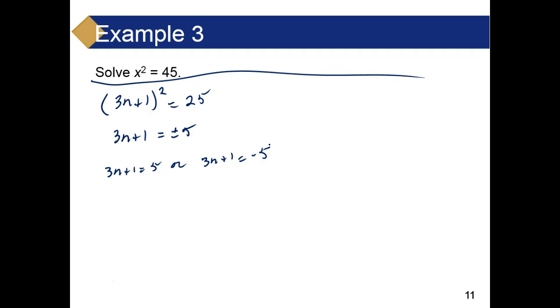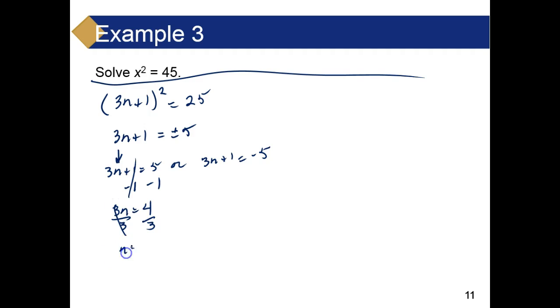Okay? What would you do first with the first one? Subtract. We're now solving for n. So first subtract 1 from both sides. And that gives us 3n is equal to 4. Divide by 3.